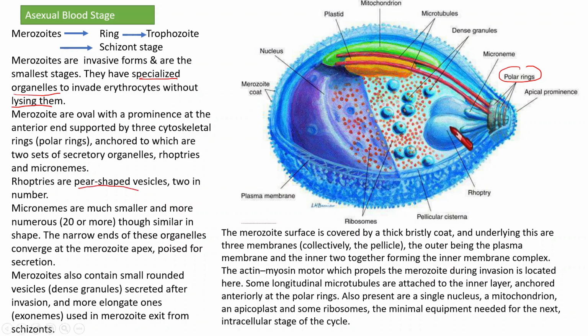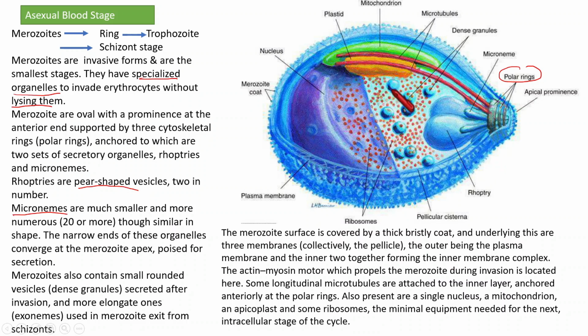The first, bigger one is called rhoptries, and the small pear-shaped secretory granule is called micronemes. So two sets of secretory granules are there. They are attached to the merozoite in such a way that they can easily secrete their contents outside as the merozoite invades the erythrocyte.